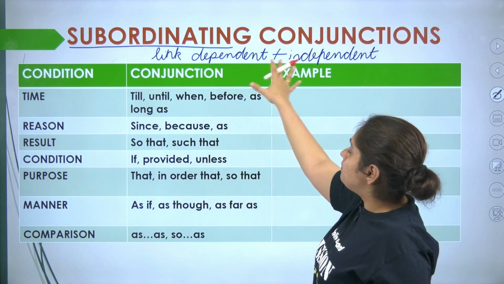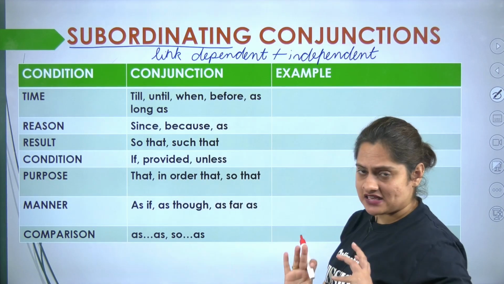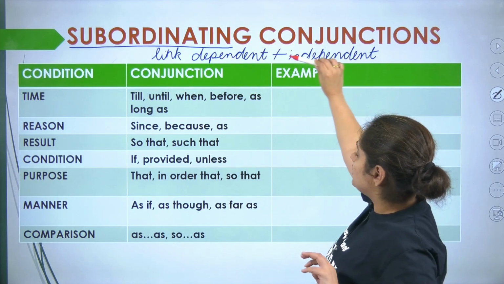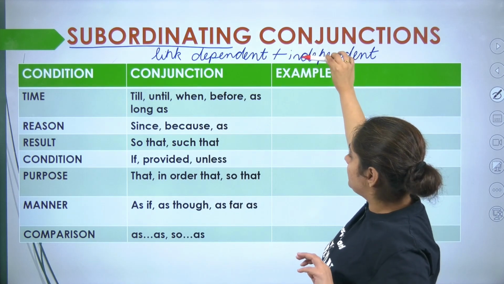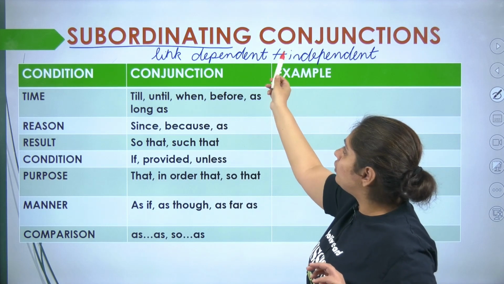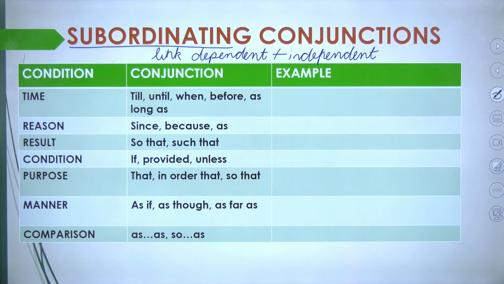One part of the sentence is dependent because it cannot have individual meaning. There are two parts in a sentence, two clauses. If you combine them, then the full sentence has one meaning. The dependent one is always linked with the independent one. The independent one can have complete meaning, but the dependent part cannot. To link both, we use subordinating conjunctions. We'll understand this with the help of examples.